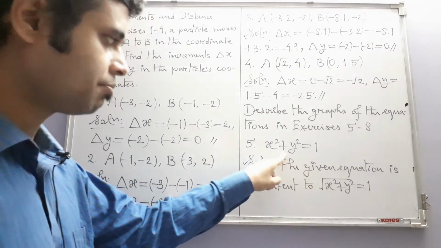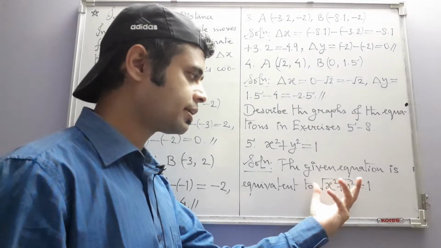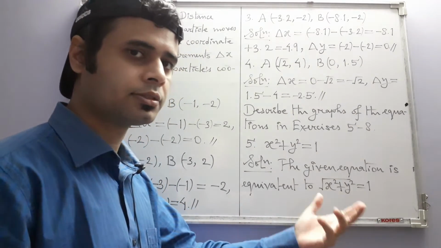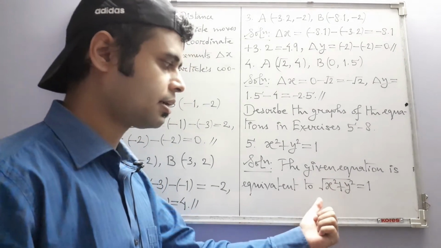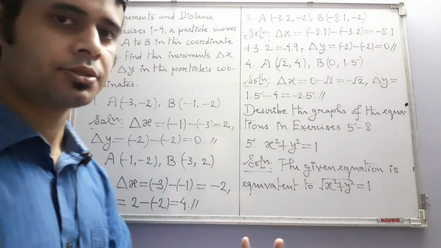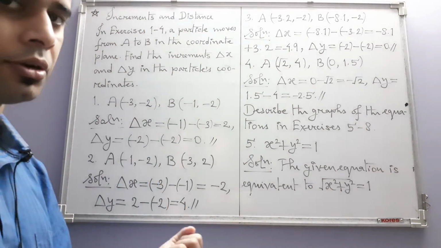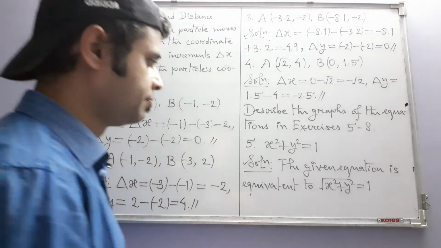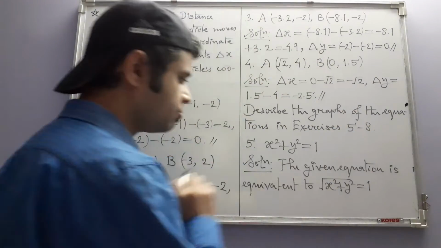This one also implies the given equation, because when you take square and square root, they cancel each other, and that is because x square plus y square is always a non-negative real number. So these two are equivalent.